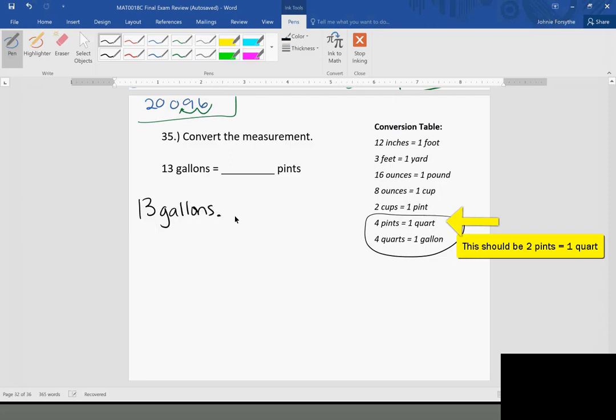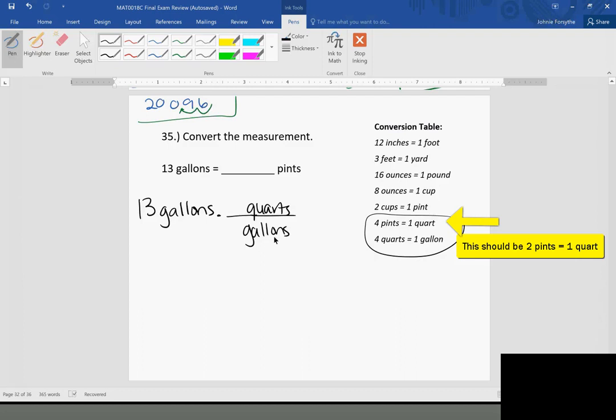And I'm going to multiply that by some ratio to get rid of the gallons, and I want to convert them to quarts. So why did I put the gallons on the bottom?